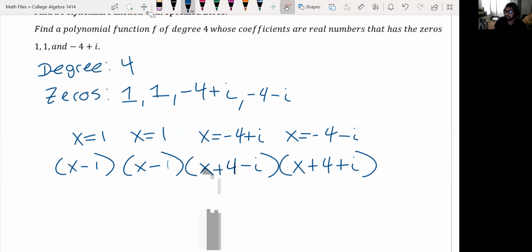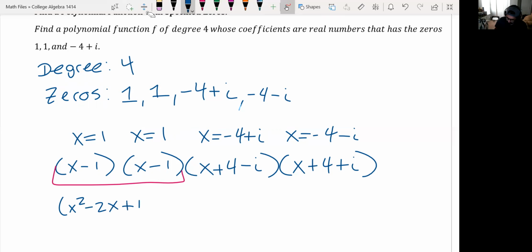So that's taking the given zeros, working backwards, putting them into factored form, and now we distribute. The first ones are easy to distribute. These x minus 1s, we're going to FOIL those. Once you FOIL these, you're going to get x squared minus 2x plus 1.